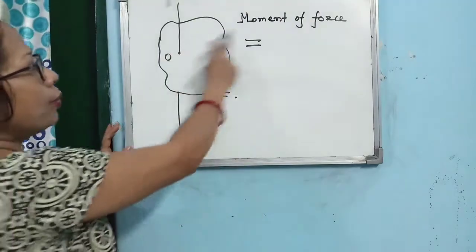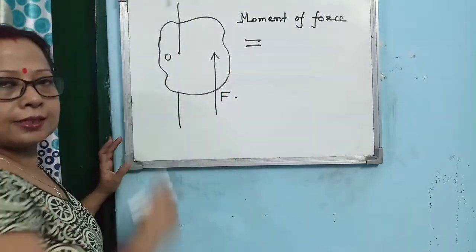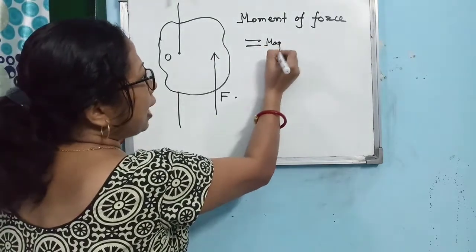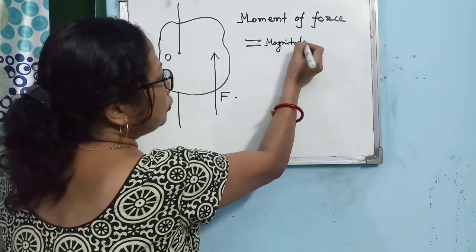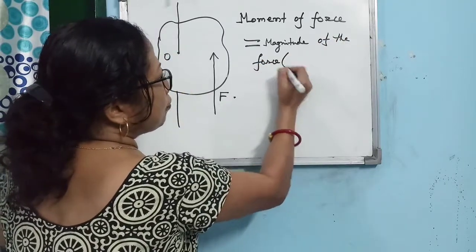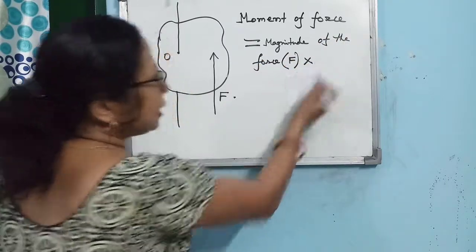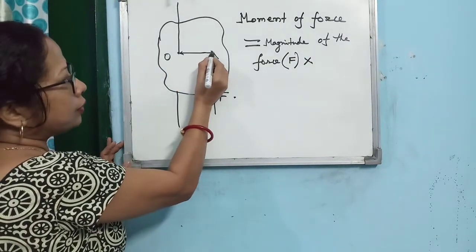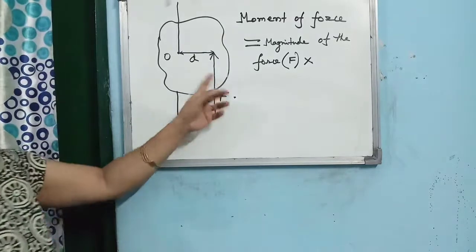Now how do we define moment of force? Just understand it. Moment of force is the product of the magnitude of the force multiplied by the perpendicular distance of the force from the axis of rotation.